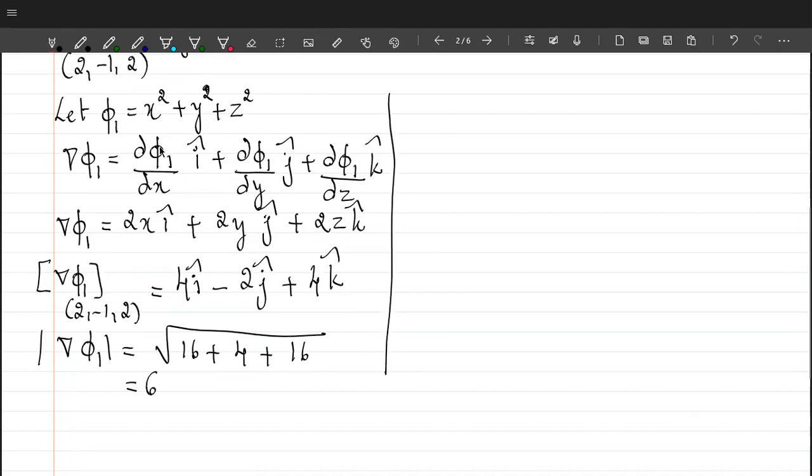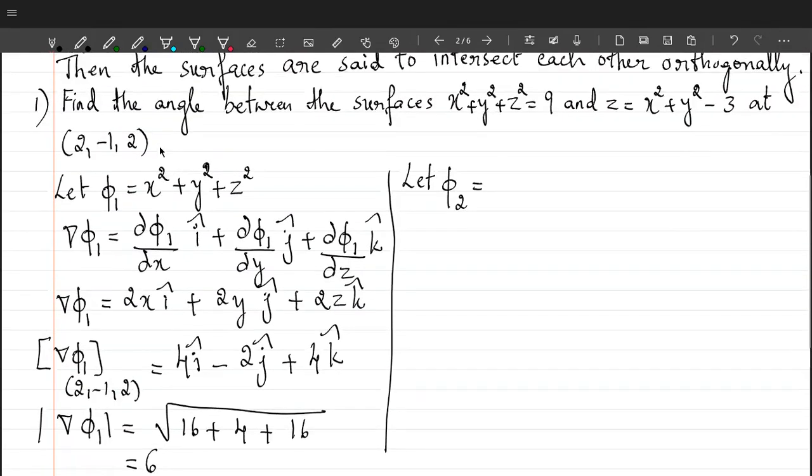Let's take the second surface. So let's take the second surface phi 2 as x square plus y square. Bring the term of z to the RHS. So you get minus z. I'm not considering minus 3 here because if you differentiate, your answer should be equal to 0.